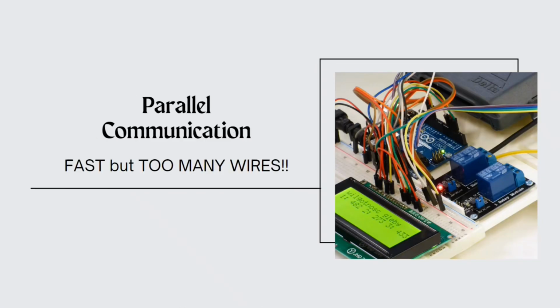And there is another type of communication, which is parallel communication. It requires at least 8 lines of wires to transfer 1 byte at a time, and only 1 clock cycle to do the job. This is 10 times faster than the serial one, but it would be very messy to connect so many wires to send only 1 byte.